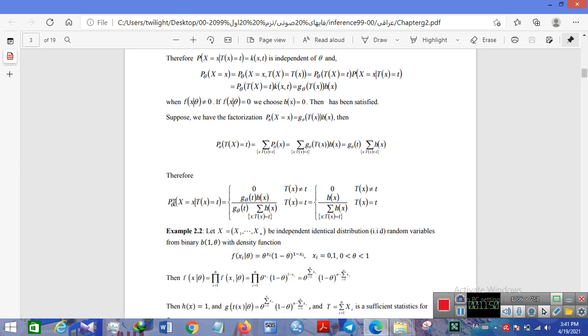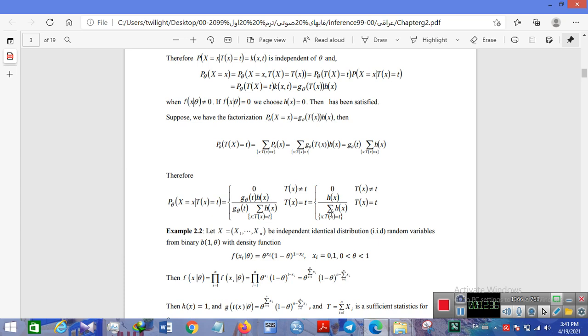Now, the probability of X equal x, conditional on T, equals 0 if T(x) is not equal to T, and otherwise is the probability of X equal x, that one, divided by the probability of T(X) equal T. We can omit the common factor from numerator and denominator, and we have this result, which is independent of theta.